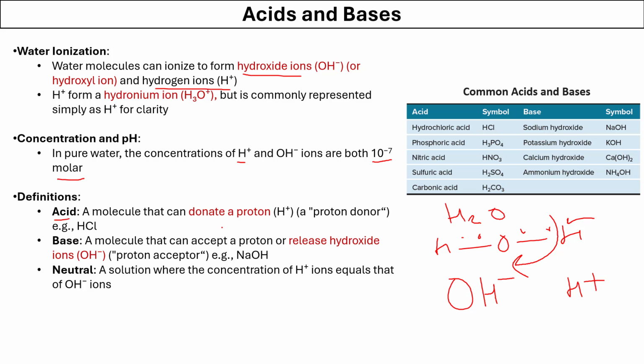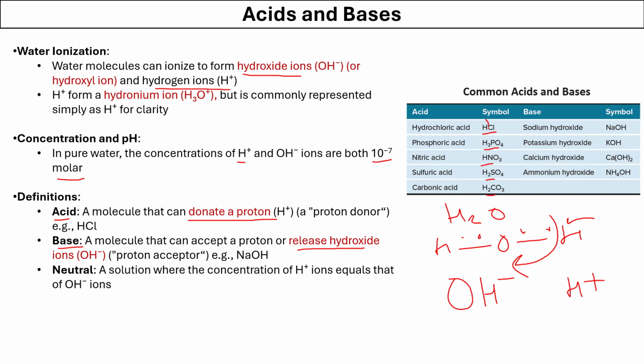What are acids? Acids are those molecules which donate a lot of H positive ions, and bases are the molecules which release a lot of OH negative ions. For example, look at this table. HCl, H3PO4 (phosphoric acid), nitric acid, sulfuric acid, carbonic acid.